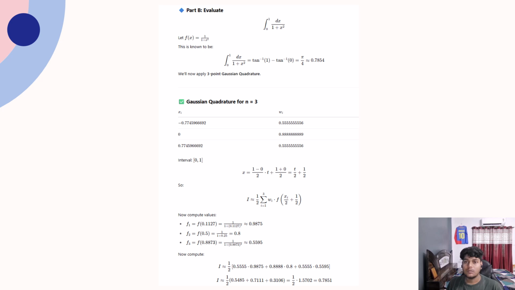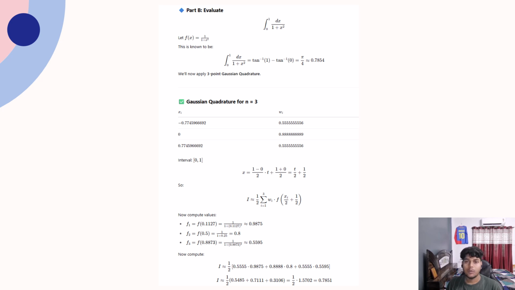We transform the integral to minus 1 to 1 by letting t equals 2x minus 1, so x equals (t plus 1) divided by 2, dx equals dt by 2.